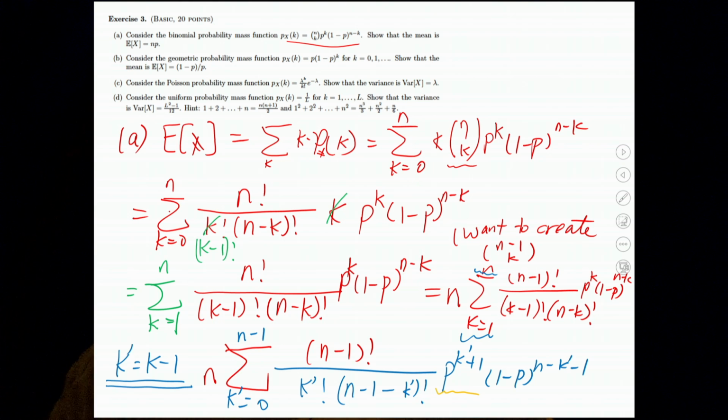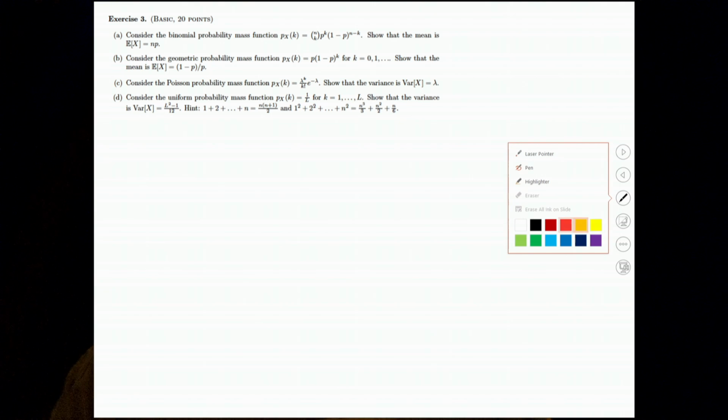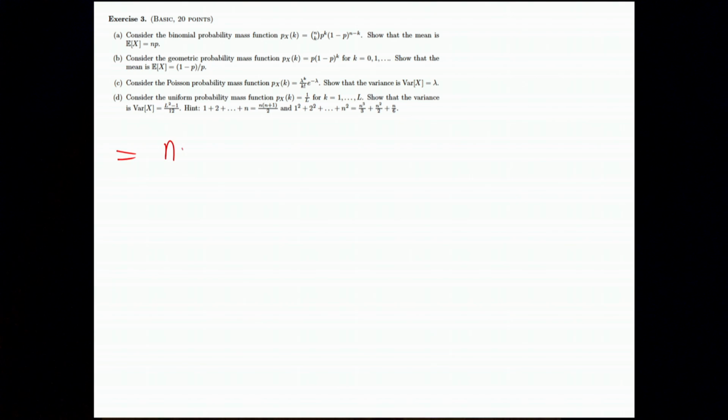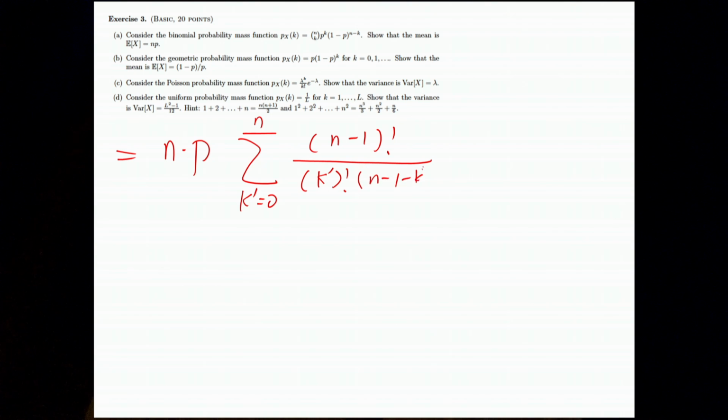So here becomes n times p, and here's k prime equals 0 to n minus 1, of n minus 1 factorial over k prime factorial, n minus 1 minus k prime factorial, and p to the k prime times 1 minus p to the n minus 1 minus k prime.